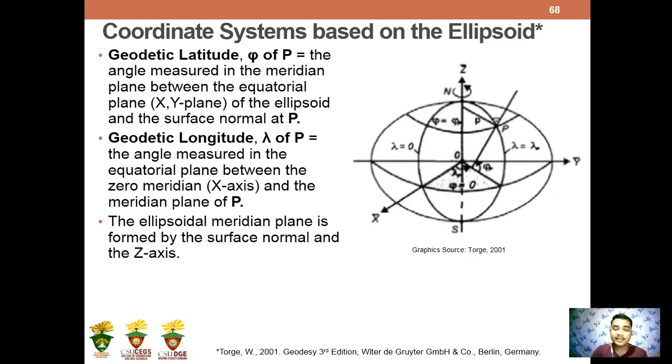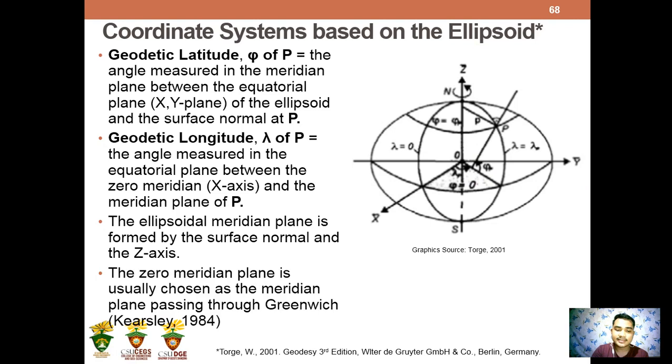The ellipsoidal meridian plane is formed by the surface normal and the z-axis. The zero meridian is usually chosen as the meridian plane passing through Greenwich, according to Kersley 1984.